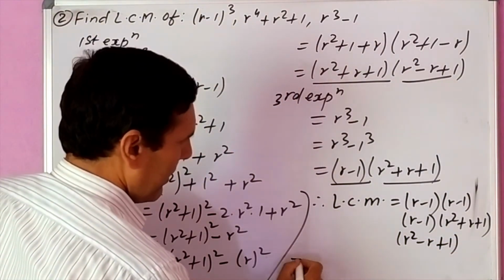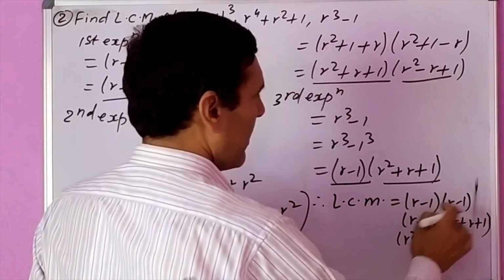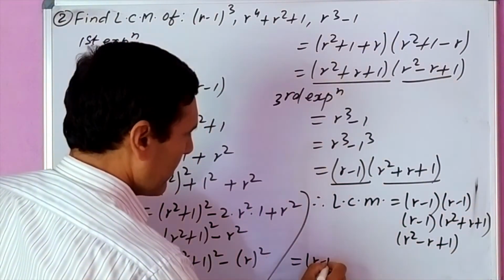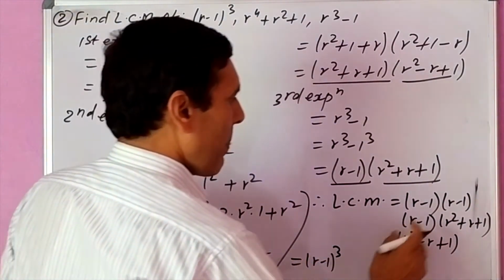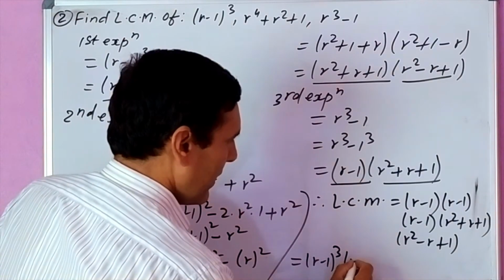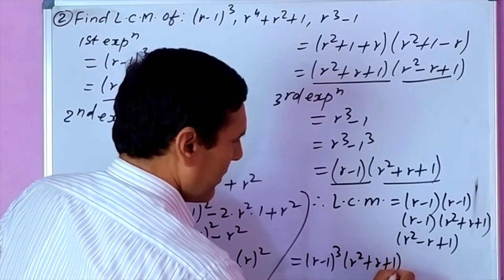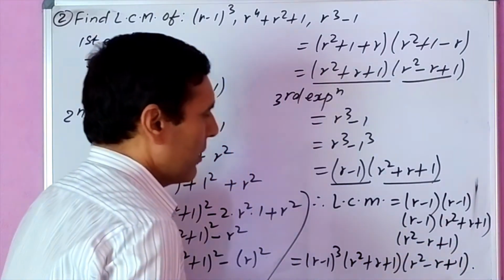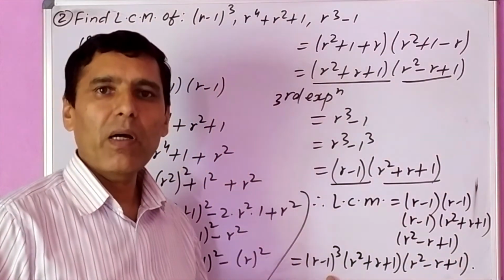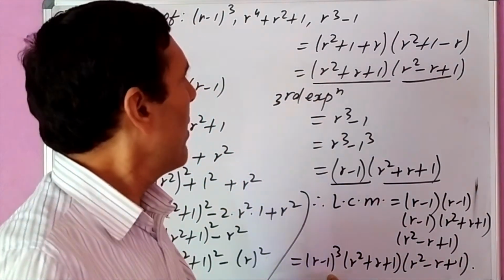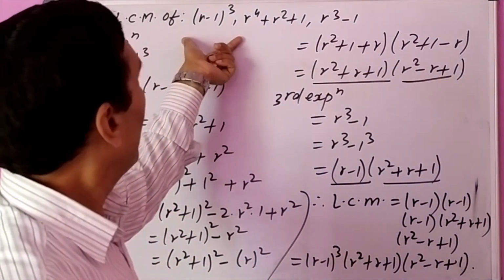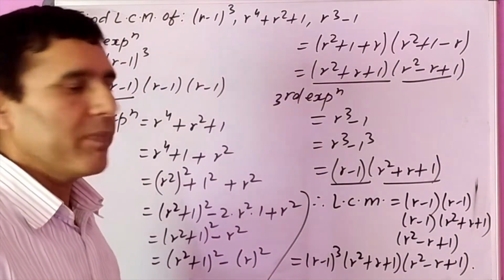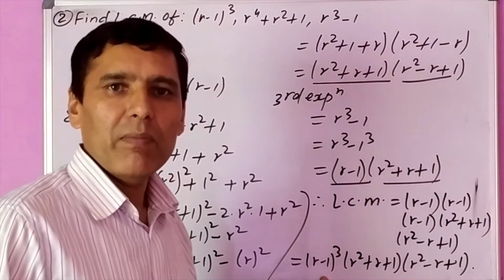So if you write this, R minus 1 whole cube, and R square plus R plus 1, R square minus R plus 1. So this is the product of the common and remaining factors of these three expressions given in the question. So this is the LCM of these three.